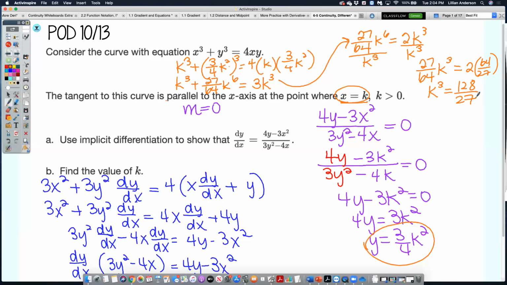And then, is 128 a perfect cube? No? So then the 27, what is that? You can't simplify that though.